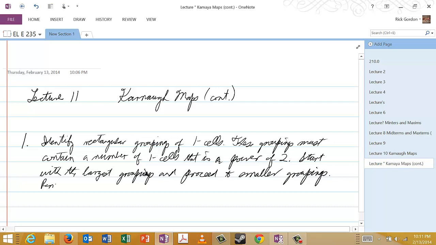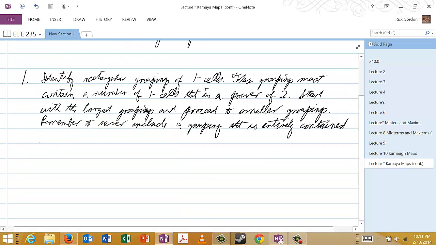Remember to never include a grouping that is entirely contained in another grouping. I'm sure that probably doesn't make a lot of sense now, but in just a few moments as we begin to look at examples, I believe it will.